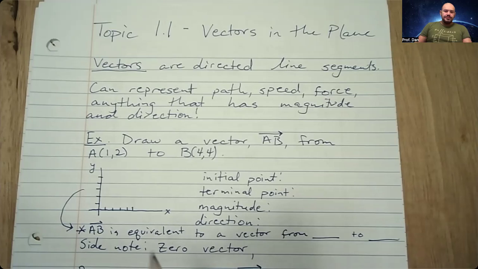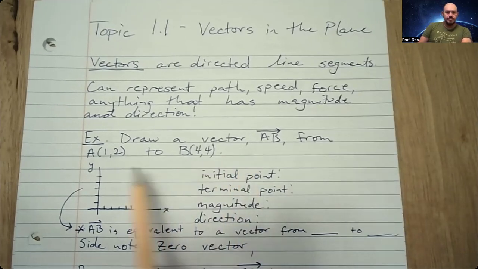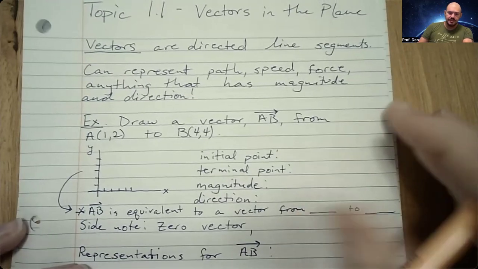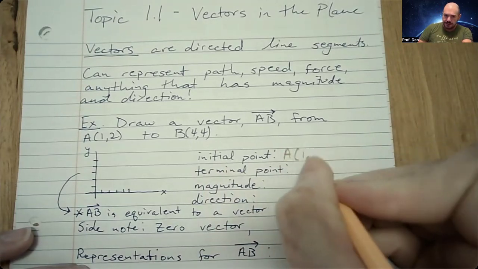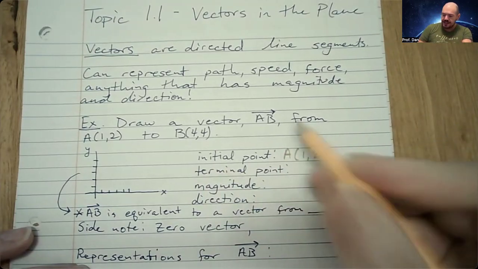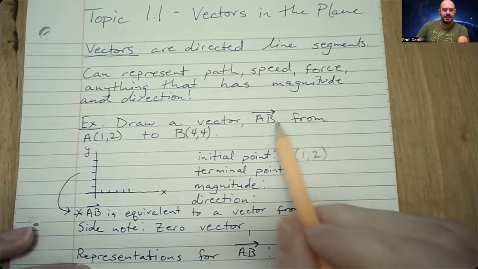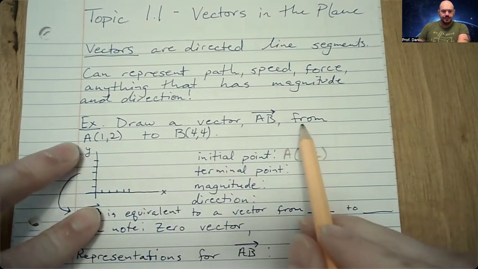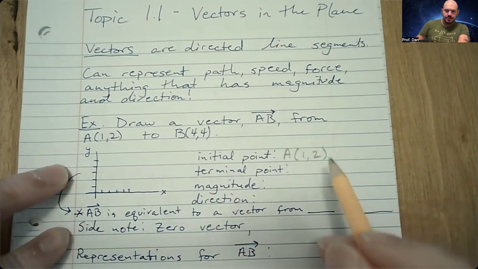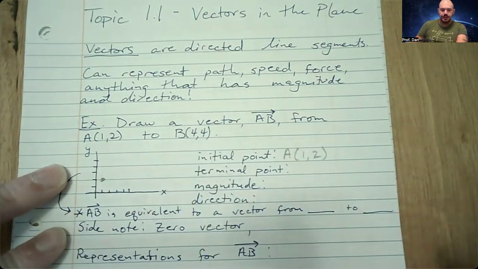To start off, let's draw a vector. So we want to draw a vector from point A to point B. So first thing I'm going to do is draw my initial point A, which I get from the nomenclature. Since we named the vector AB, we assume A is the starting point and B is the ending point. But also in the language, from A to B. Yeah, so the point A is the coordinate 1, 2, can graph it there.